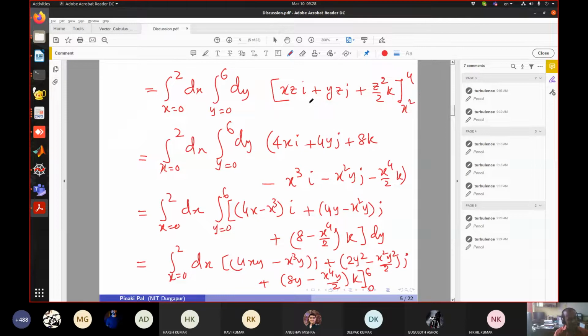Normally in textbook problems or in exam problems, the surfaces given are standard: either a paraboloid, a portion of an ellipsoid, a portion of a cylinder, or a cuboid. Those types of regular structures are given. But if the surface is really complicated, just by looking at the form of the function it is difficult to determine the shape.